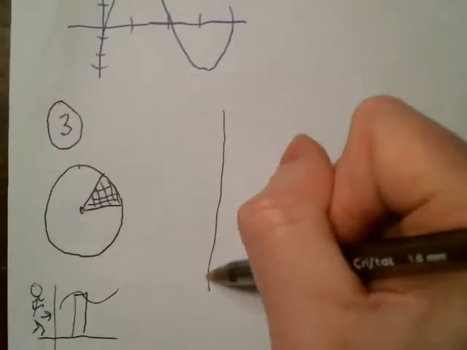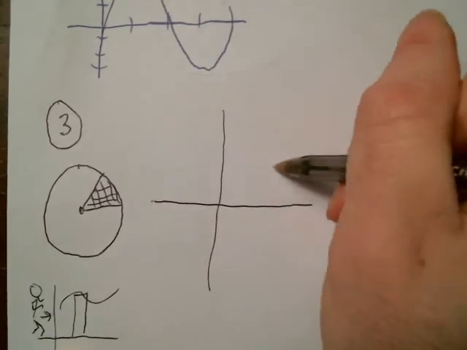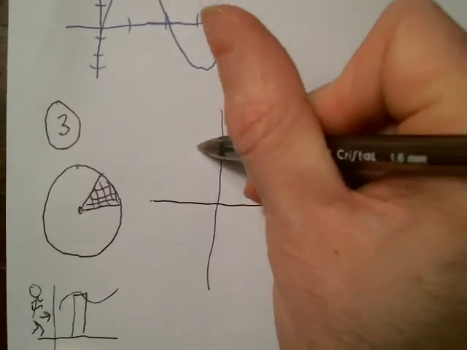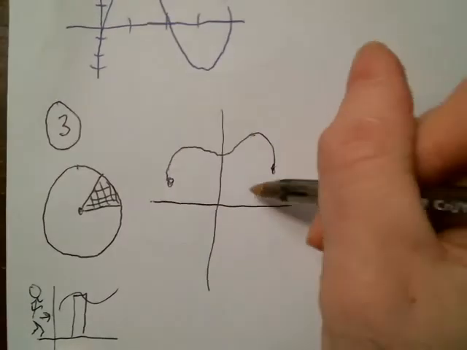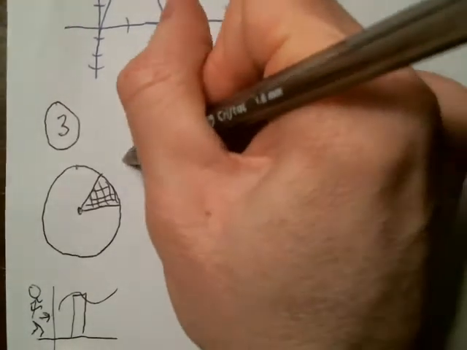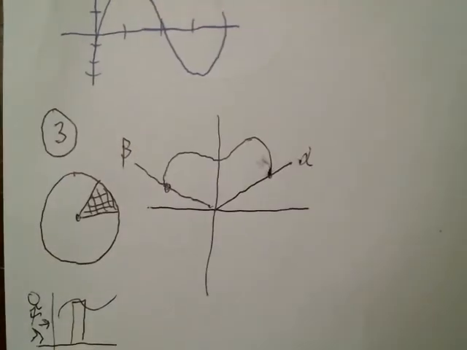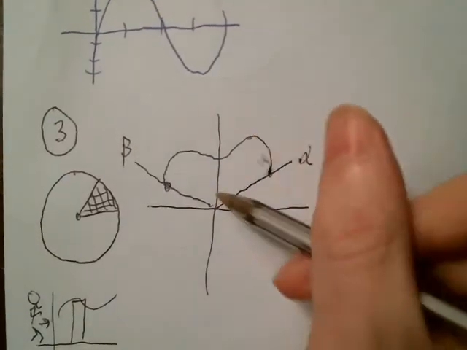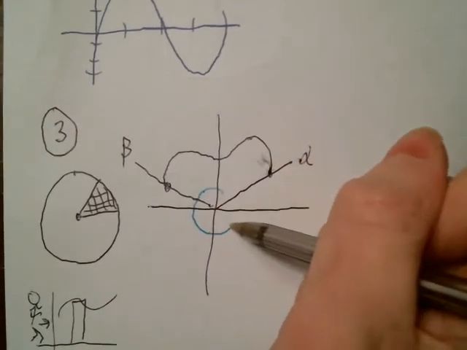Okay? So here is a polar graph, sort of a generic one, going from this angle alpha to this angle beta. And the Riemann man is actually running around in a circle now. Okay?